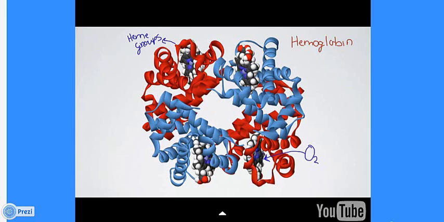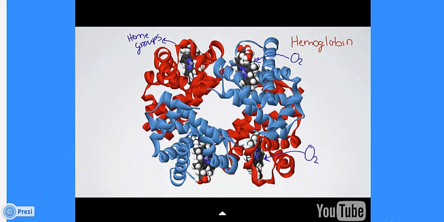Now, as you can see here, this is the heme group, but there's stuff around it, and you can imagine that it would be relatively hard for the oxygen to get in there and find the right spot. However, when one binds, it causes a change which opens it up a little bit to make it a little easier for another oxygen to come in and bind.